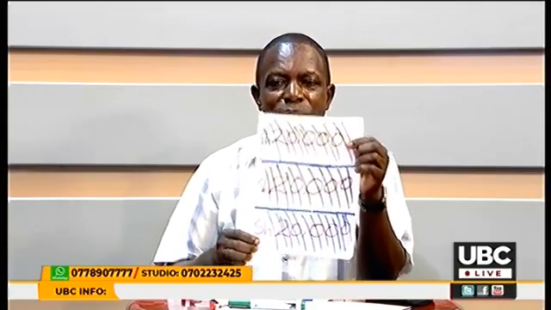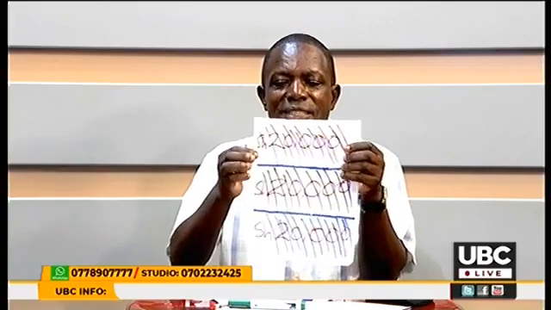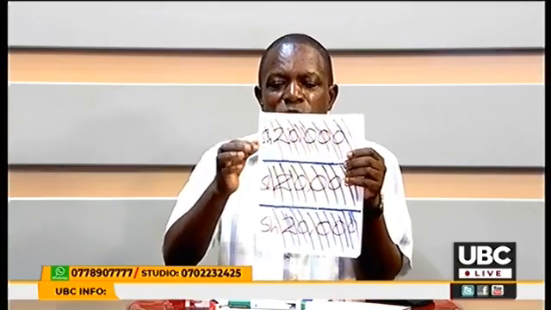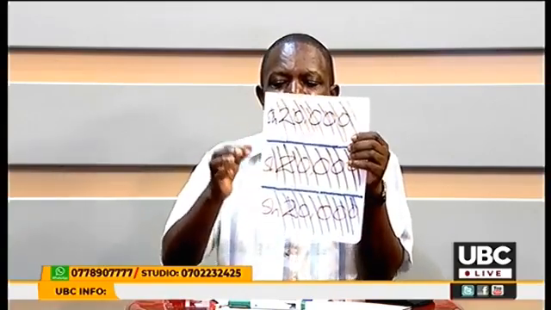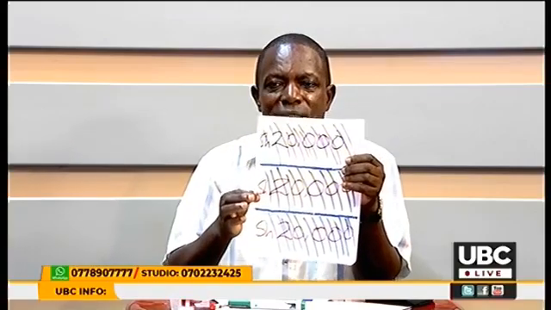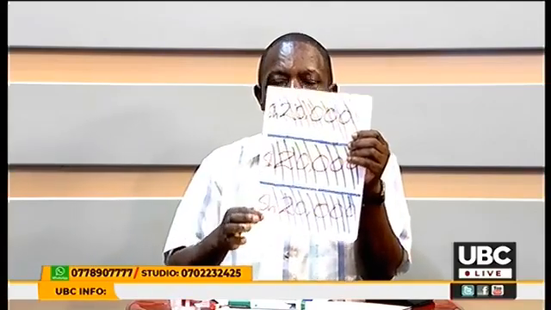And what does that mean? It means that John's money now is 20,000 plus 20,000 plus 20,000, which is 60,000 shillings. Let us see how we can write this demonstration that I've made.